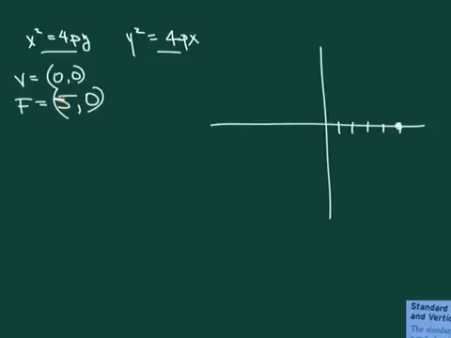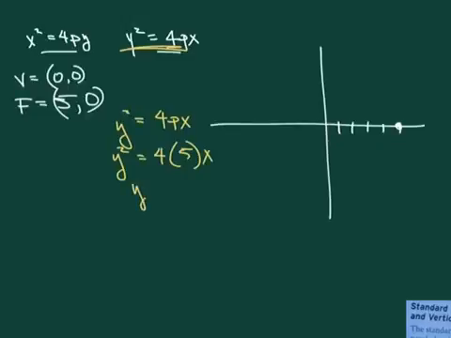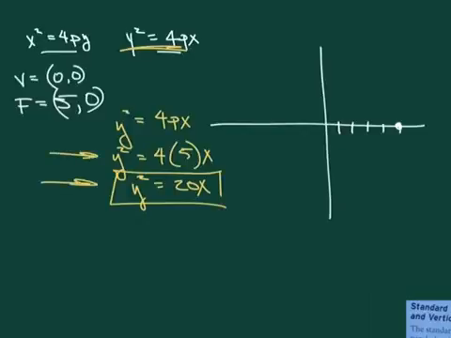So the equation is going to be, using that, y squared equals 4px, and let's put some numbers in here. Y squared equals 4, what did we say the p was? It's 5. Or y squared equals 20x. There is your formula. So you can leave it this way or leave it this way.